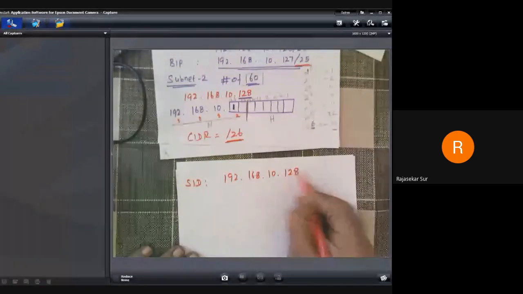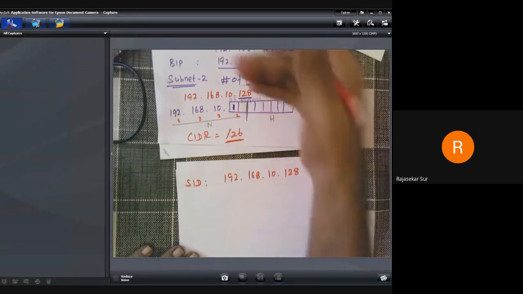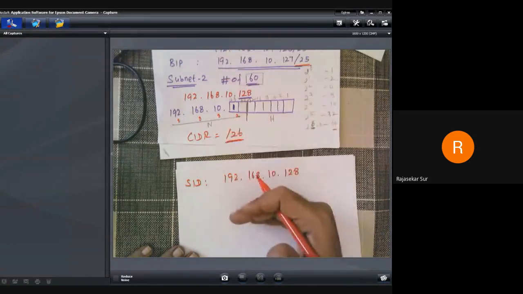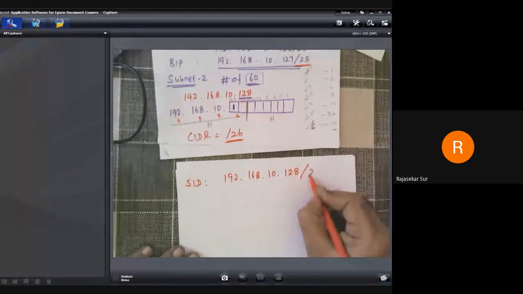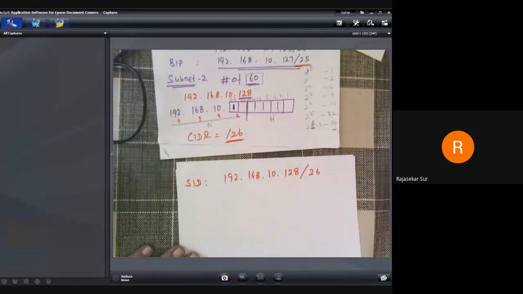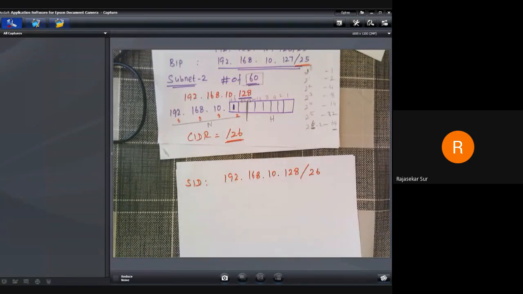This is the subnet mask. There is no change, keep it as it is. Whatever the last one, you can take it and keep it here. That is going to be your subnet ID, but the subnet mask is going to be 26. No need to do any calculation. Simply take it and use it. The next IP address is going to be your subnet ID.